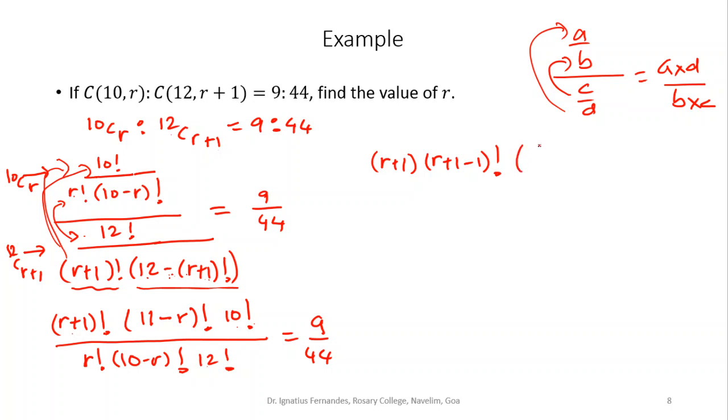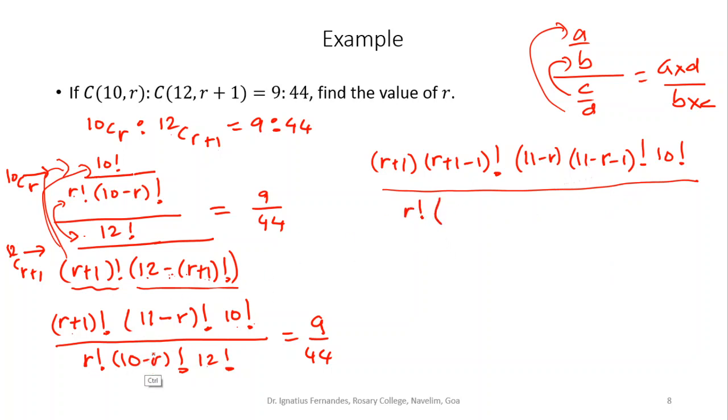The same way 11 minus R factorial is 11 minus R into 11 minus R minus 1 factorial. 10 factorial I'll keep as it is, divided by R factorial, which I'll keep as it is, into 10 minus R factorial as it is, and this 12 factorial I'll write as 12 into 11 into 10 factorial. This should be equal to 9 upon 44.